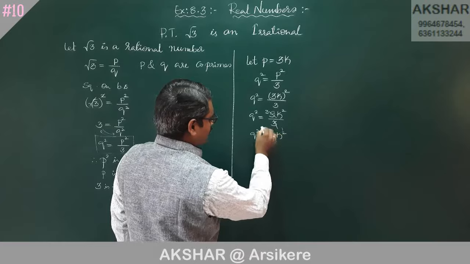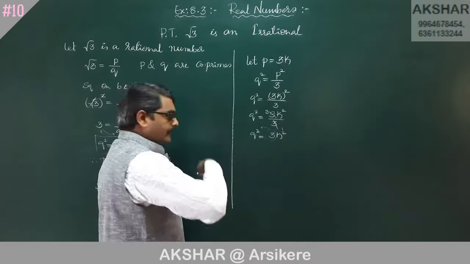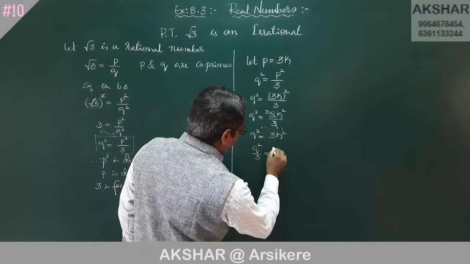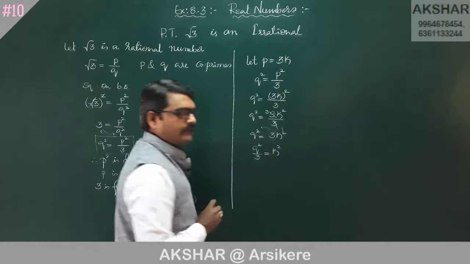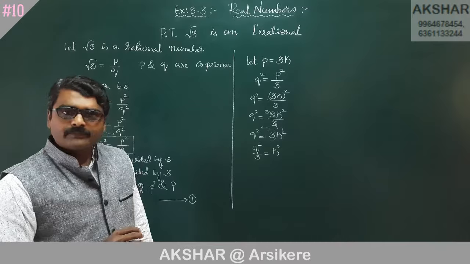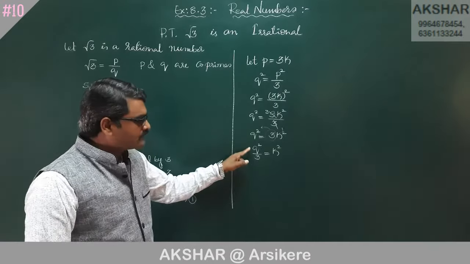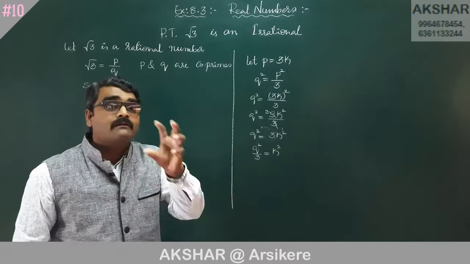Transfer this 3 from RHS to LHS, that is q square by 3 is equal to k square.